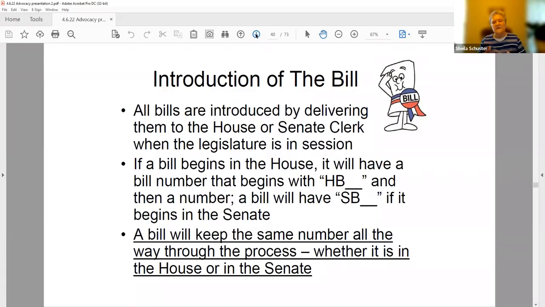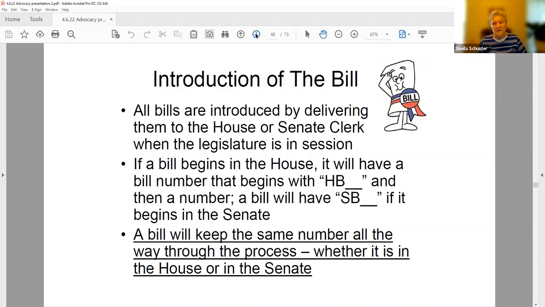People get confused because we send out action alerts and we say, contact these members of the Senate Health and Welfare Committee and ask them to vote yes on House Bill 123. And people are like, well, if it's in the Senate, then it must be Senate Bill 123. No, it keeps the same number. If you switch the number, you may go from a bill on substance use disorders to a bill on pig farming or something.